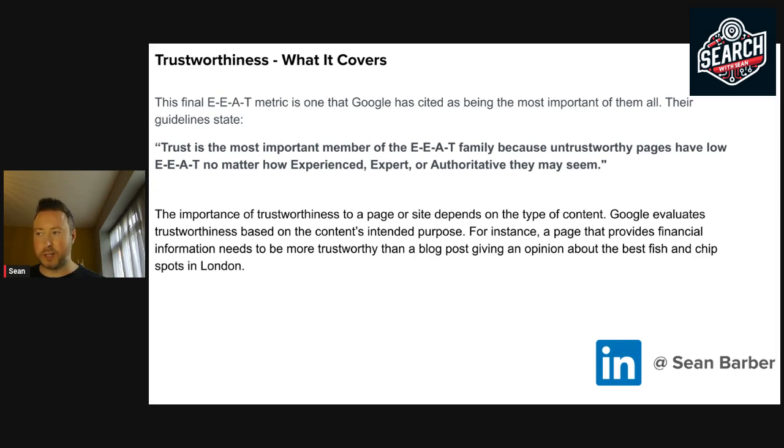So for example, if a page provides financial information, it obviously needs to be a lot more trustworthy than just a blog giving an opinion on the best fish and chip places in London, for example. It all depends on the context of the article or page information. So yeah, it's probably a given, but they do take all that into account.